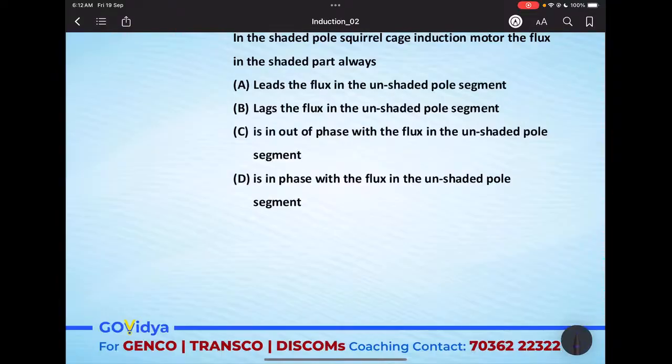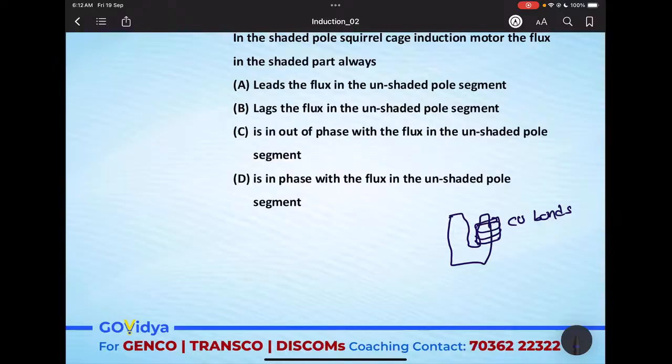The question is about the shaded pole squirrel cage induction motor, the flux in the shaded part always. What they are telling, let's take like this. In shaded pole motor, one part of the pole is going to be covered with the copper bands.